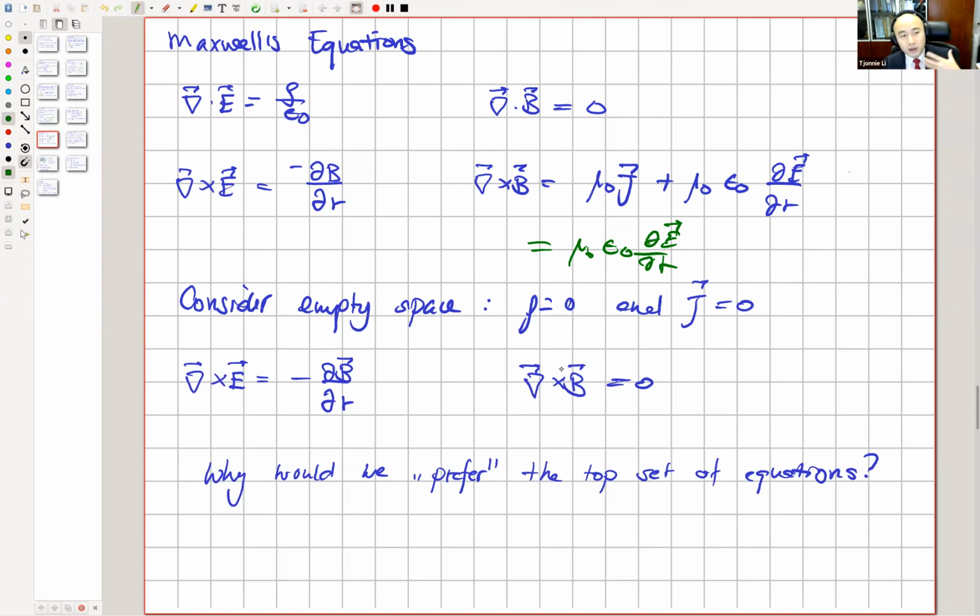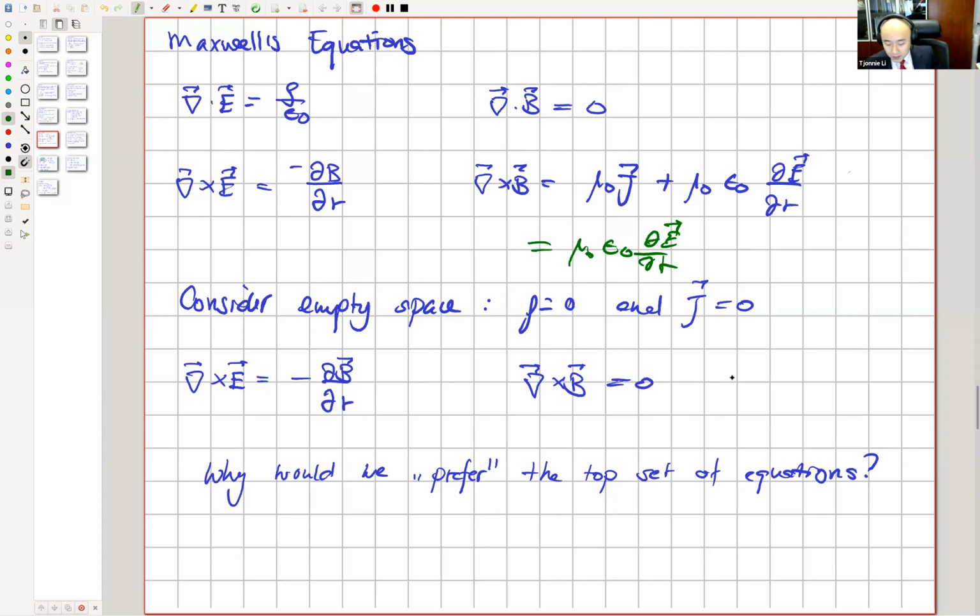And so that's where my question came in. How do we know from a physics perspective that it should be the top equation, this one over here, as opposed to this one over here? One hint, and I wouldn't say that that's how we know, is that in free space, when there's no rho and no j, we could still propagate electromagnetic waves.